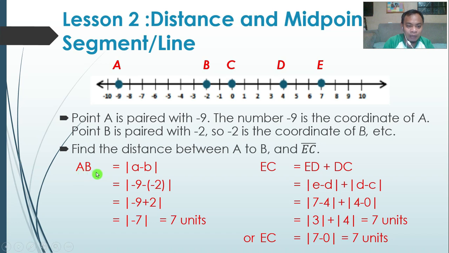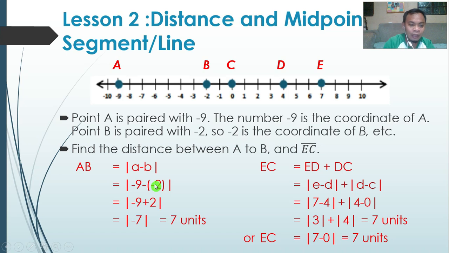Our small a is the coordinate of the first point, which is A. Saan si A? Dito. Ang kanyang coordinate ay negative 9. Minus small b, the coordinate of the second point, which is point B, which is negative 2.